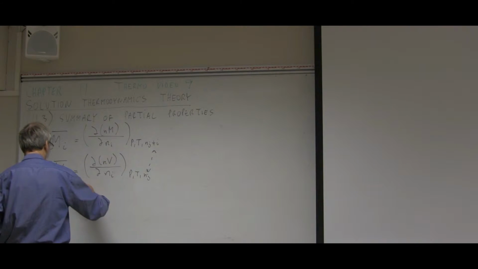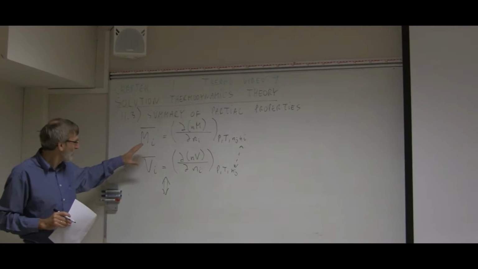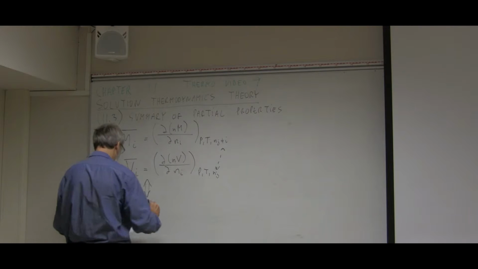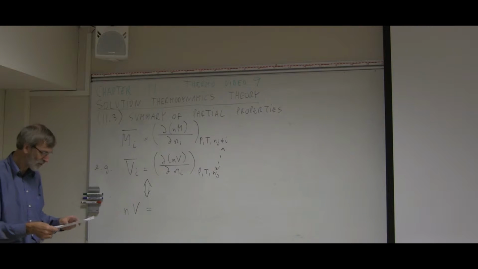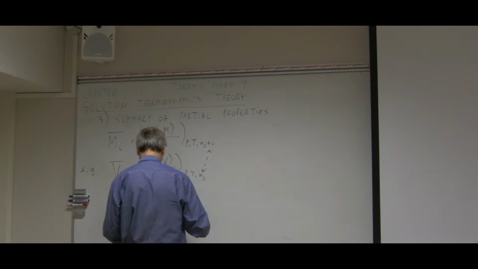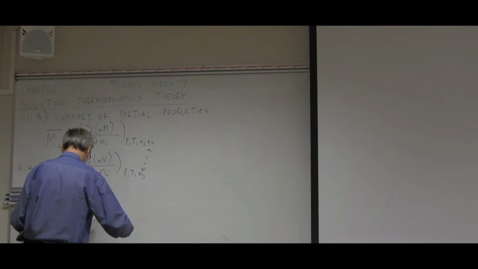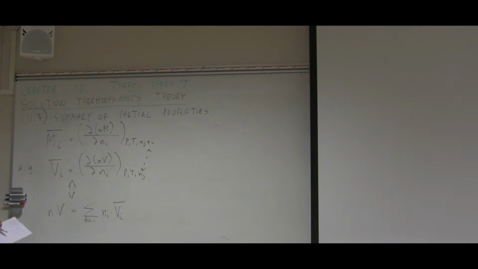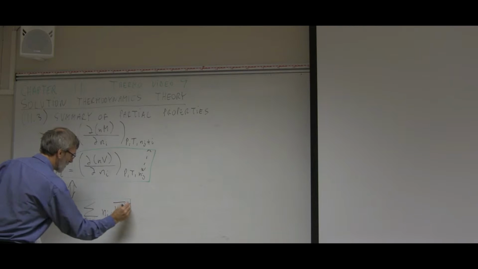And then we have this equivalence that when we define the partial molar property this way, this is equivalent to state that the total volume, n times the molar volume, is the sum of all components Ni times the partial molar volume.